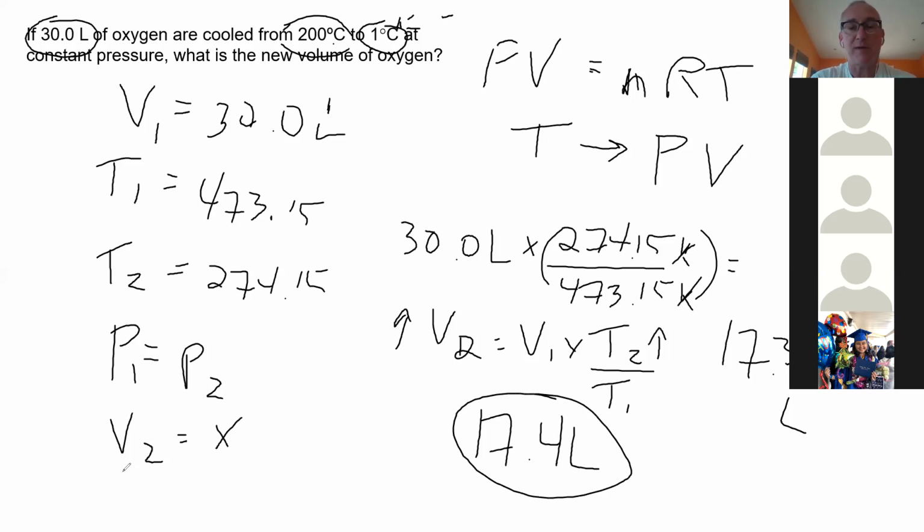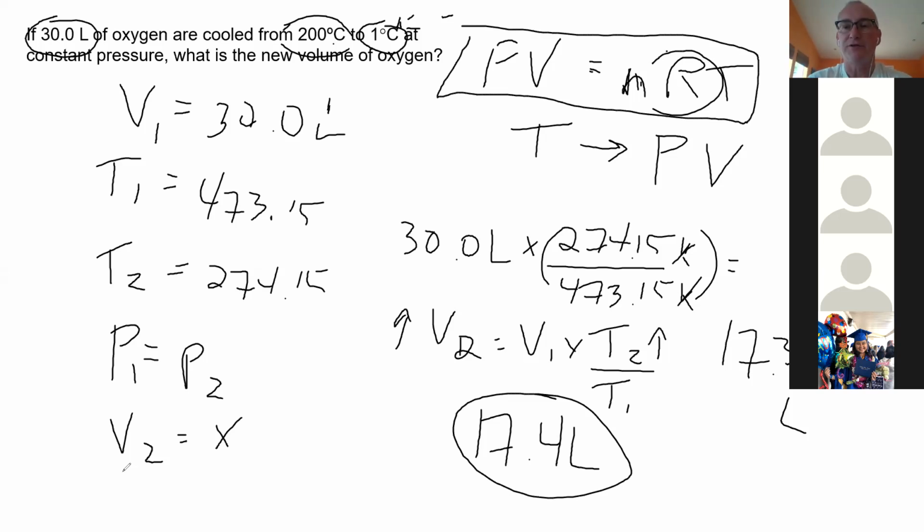Yeah, and so doing it this way, you don't even need to know what R is. It's not important because what we're dealing with is a change in temperature. We just know that something has gone from one temperature to another, and we can use the equation to figure out if they're directly related or inversely related.